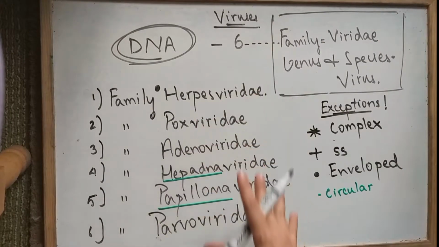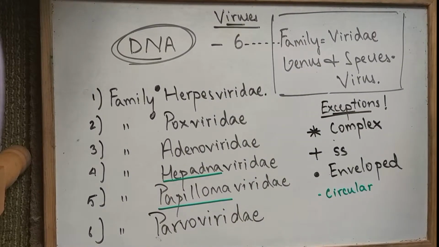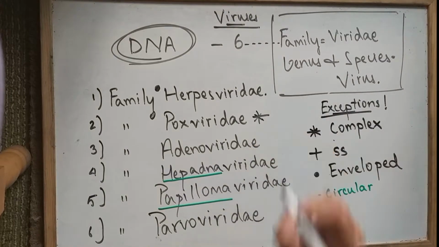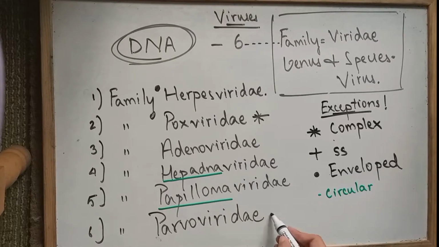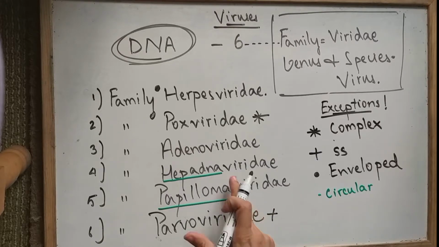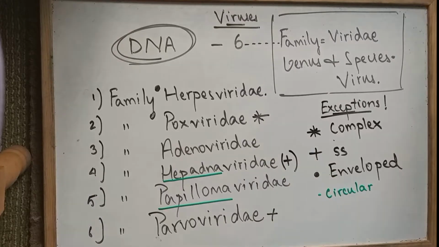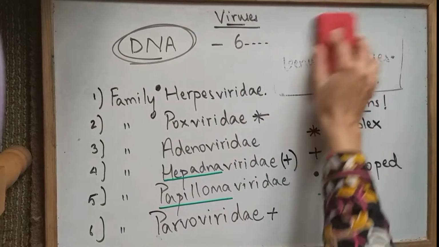Now all of them are icosahedral except Poxviridae, which is complex. So we've got icosahedral, complex, spherical, or filamentous. Parvoviridae and Hepadnaviridae have a single-stranded DNA. The reason we have put the plus sign in brackets for Hepadna is because it also has double-stranded DNA, not only single.